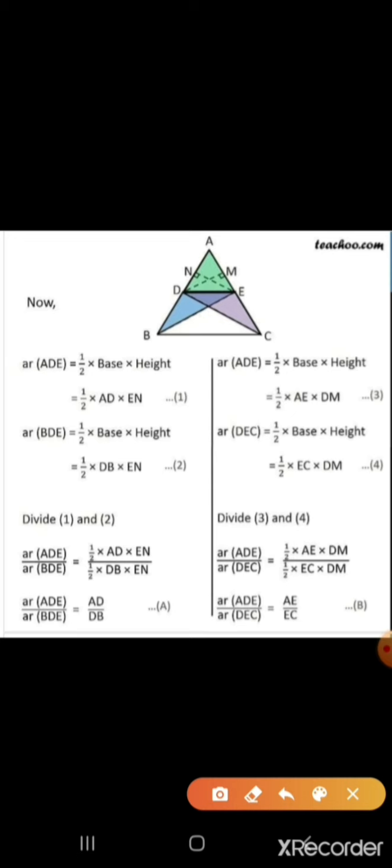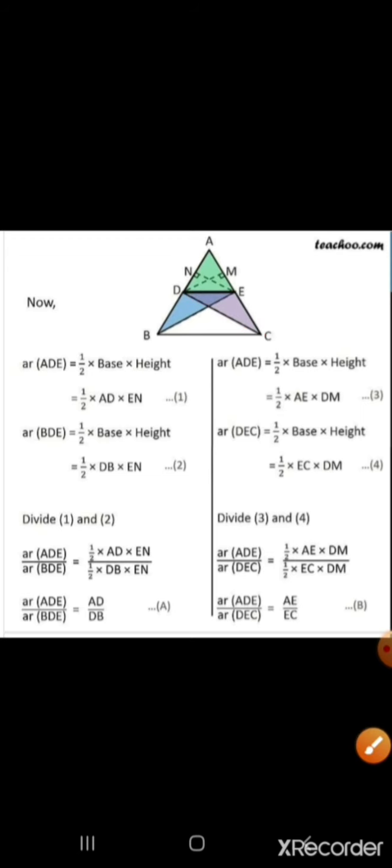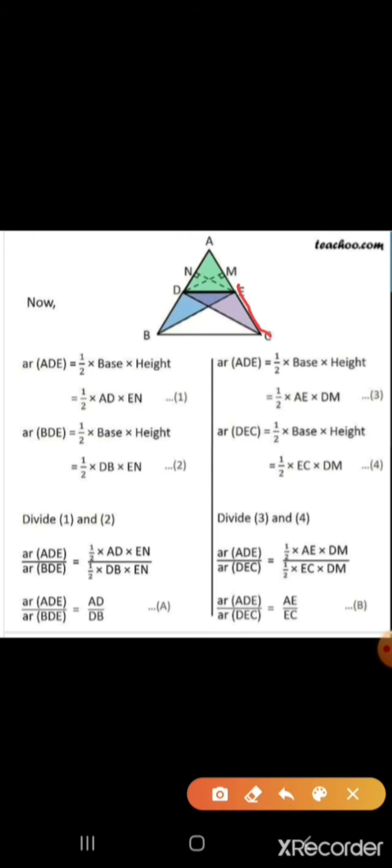Then next, DEC. This is a triangle DEC. In this triangle, take EC as the base. The perpendicular is drawn from the point D to the side EC, and that perpendicular is DM.